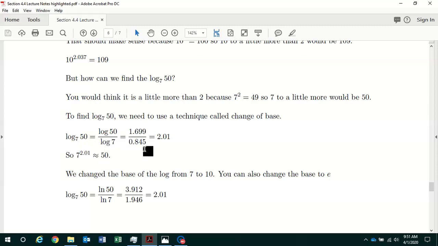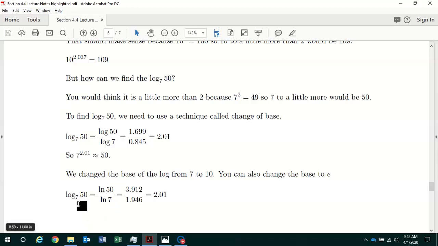Now you would not actually write this down. You would just go from this step to this step. In your calculator, you type in common log of 50 divided by common log of 7, and when you hit enter, you get 2.01. We could also get this result using the natural log function.